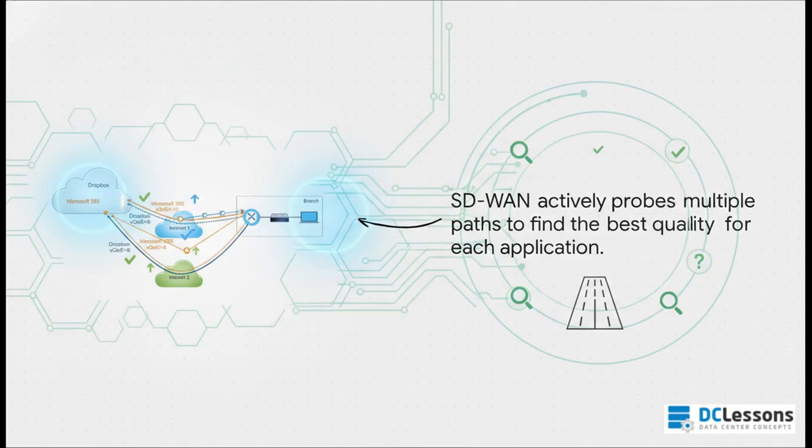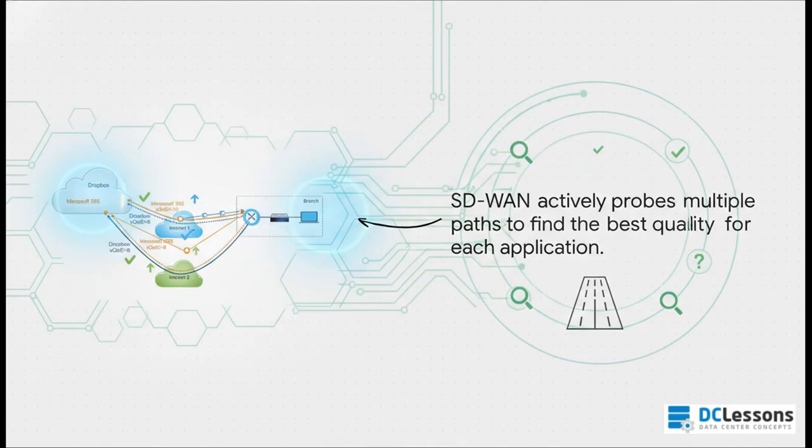Okay, take a look at this. This diagram is just perfect because it lays out the problem and the solution so clearly. See that branch office? It's got two internet connections, Internet 1 and Internet 2. Now, for Microsoft 365, you can see Internet 1 is crushing it with a perfect quality score of 10. But, and this is the key part, for Dropbox, Internet 2 is actually the better bet with a score of 8. Now, why is that?